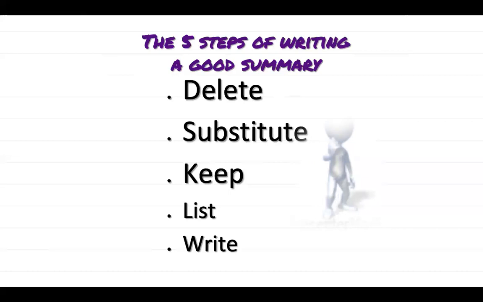Then you keep the specific things that you definitely keep. After which, you then list. You start listing all the good things that are now remaining in your passage. And then you write your summary. Okay.